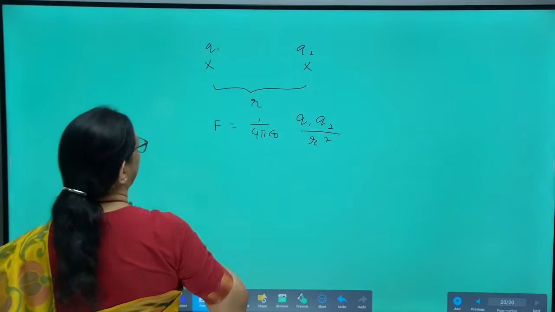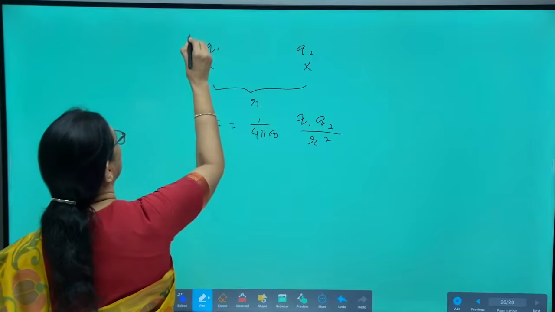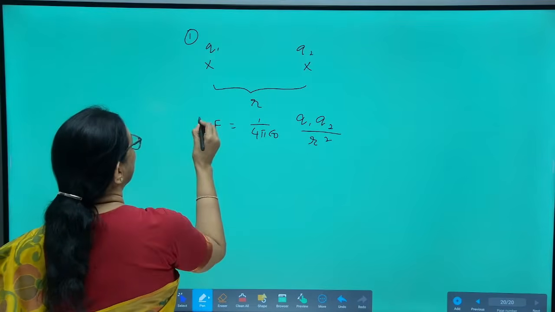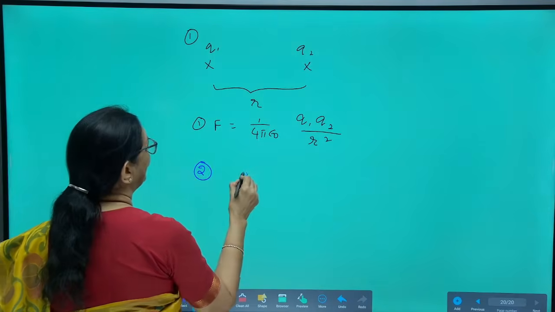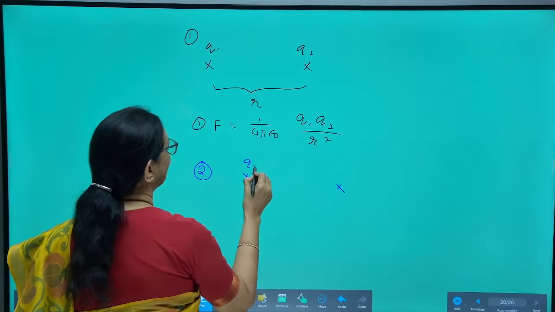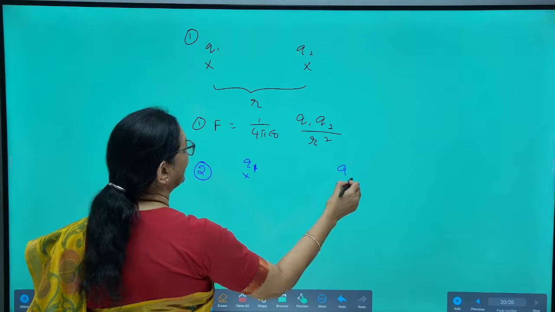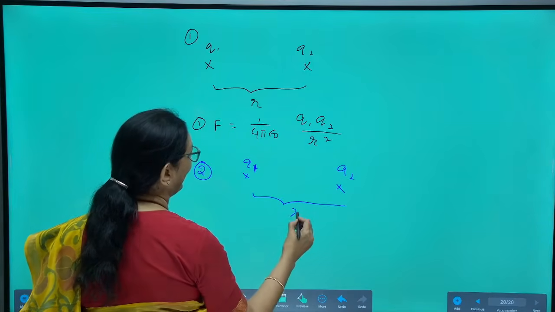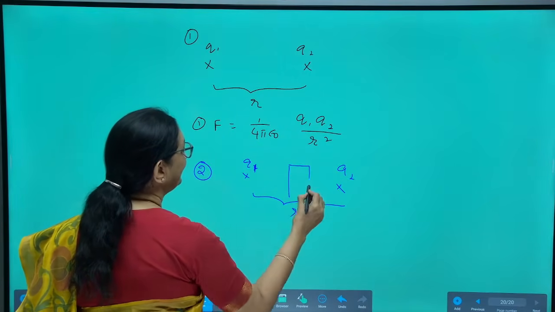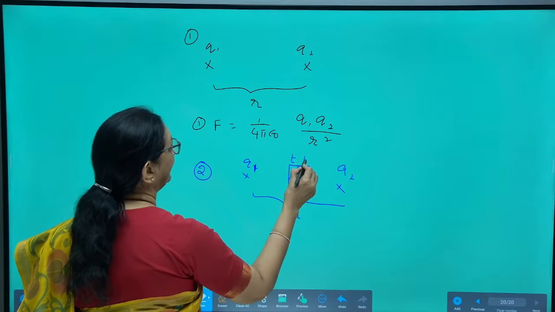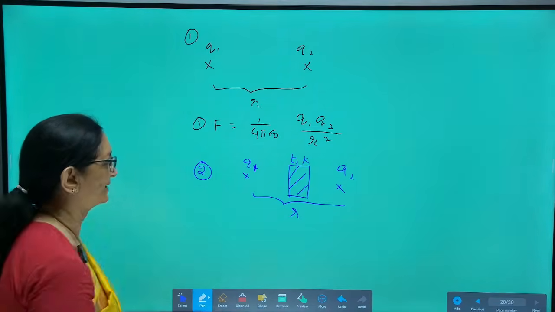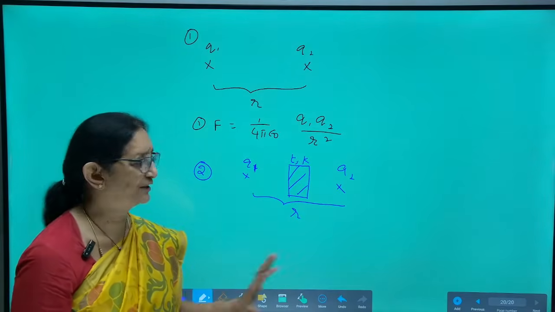This is the first situation, and this is the equation corresponding to that. And the second thing is, between the two charges Q1 and Q2 separated by a distance R, a dielectric slab of thickness T, constant K is placed. What is the new force between them?